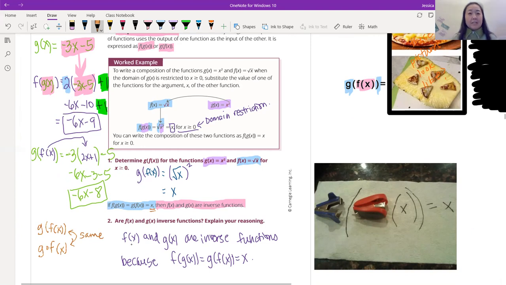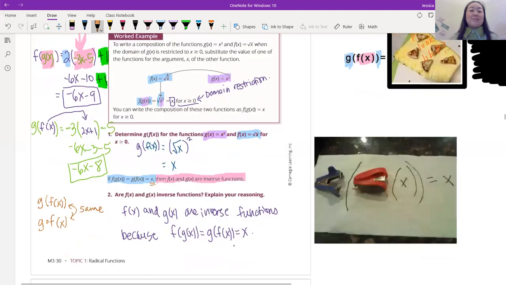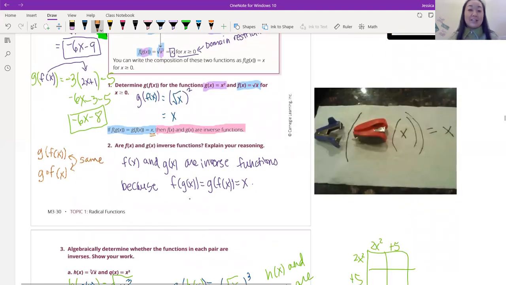Is that true for this case? Well, yes, we tried f of g of x, which was x, and g of f of x, which is still also x. So are they inverses? Yes, f of x and g of x are inverse functions because math. That's why I like this so much, because right here, that's the explanation. If you want to write that out in words, be my guest. I would say it will be a lot longer than writing that.